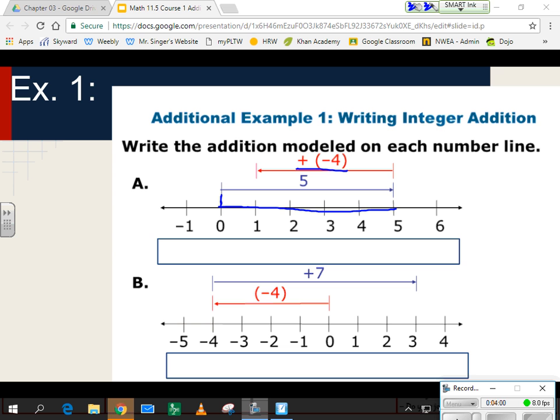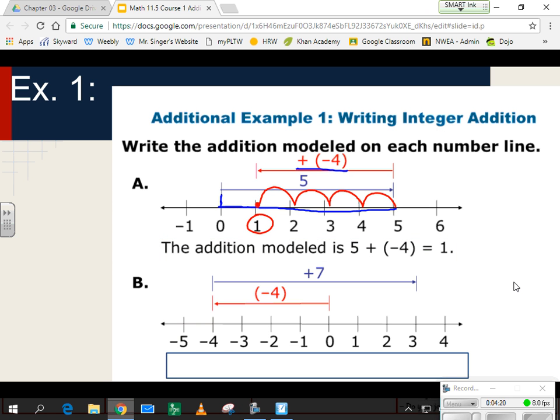And because negative is less, that means that we're going to have to backtrack from this 5 by 4 spots. 1, 2, 3, 4. So because we're adding 5 and then adding a -4, your answer ends up being a 1. And it's got a nice little piece here.